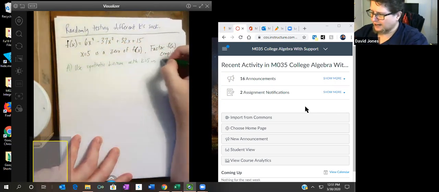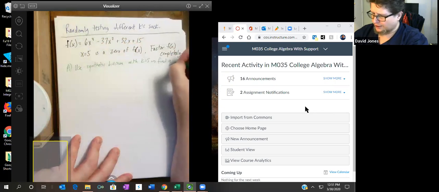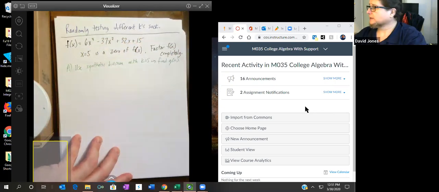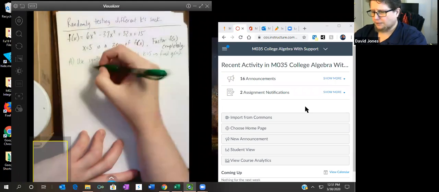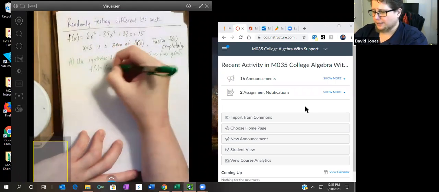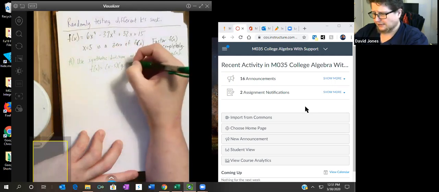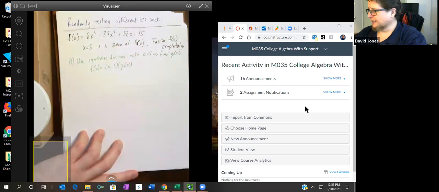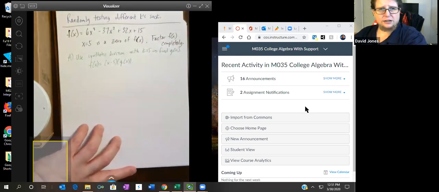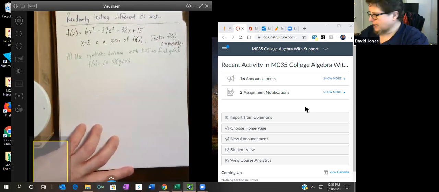And this will help us find q of x, our quotient. And then we'll have f of x equals x minus 5 times q of x. And then we'll factor q of x. So go ahead and give that a try.